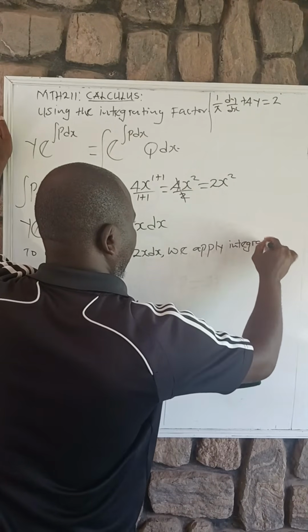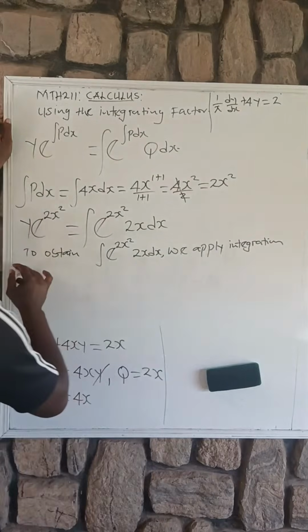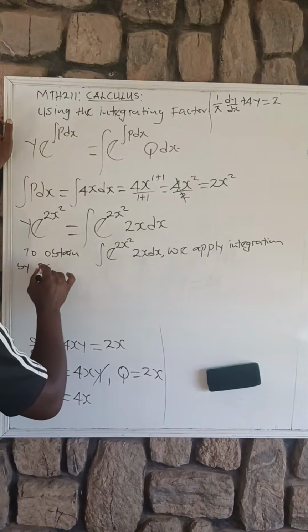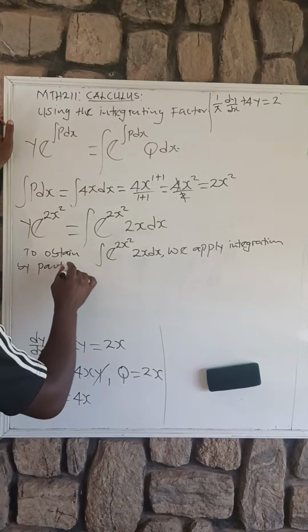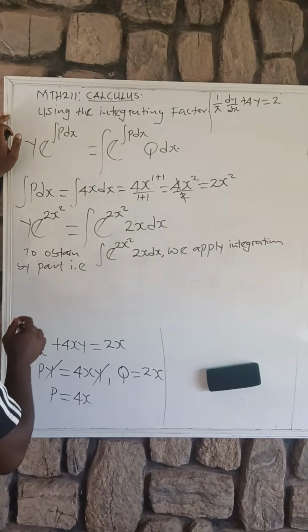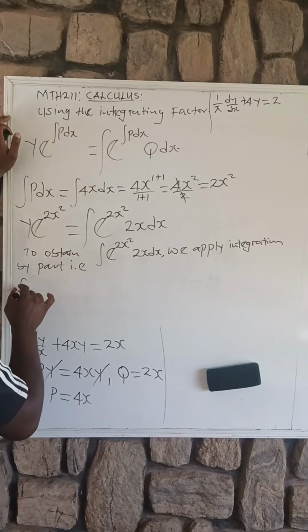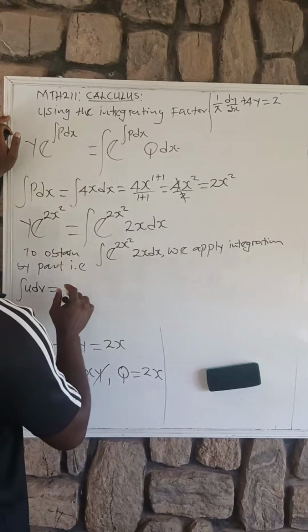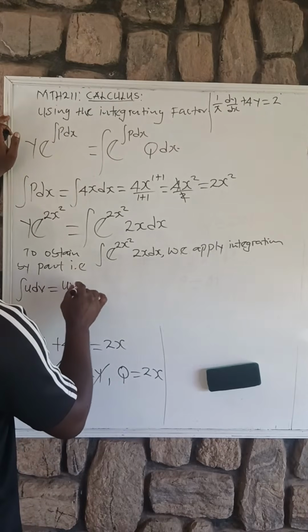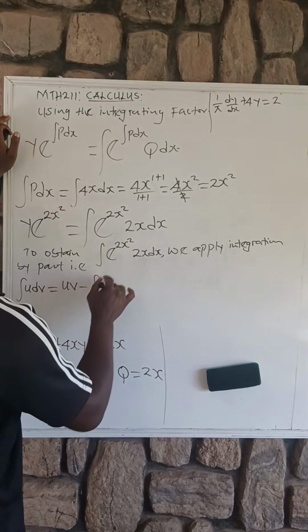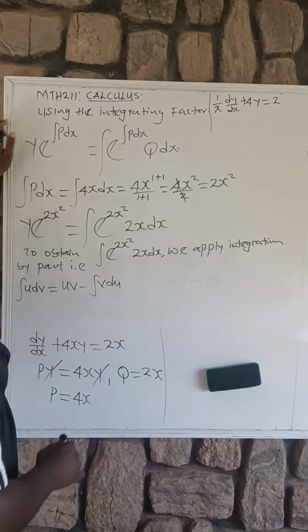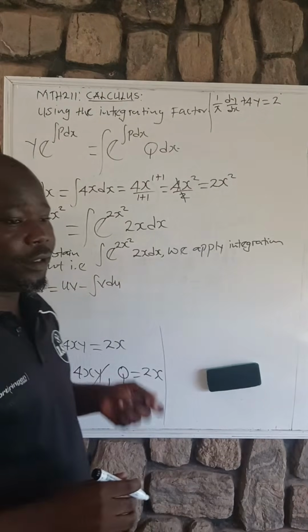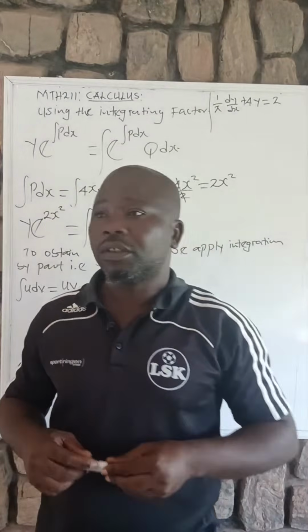Here, the formula for integration by parts is: integral of u dv is equal to uv minus integral of v du.